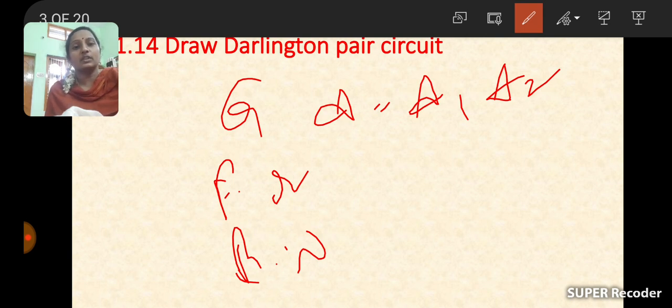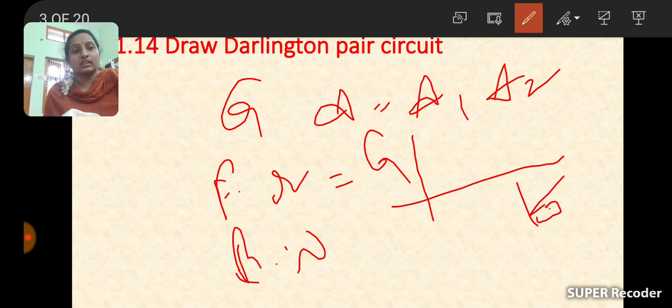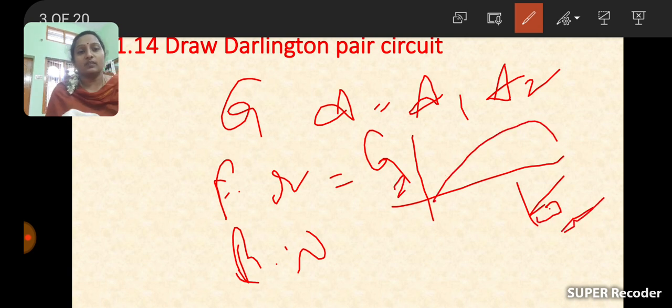The frequency response is the curve drawn between the frequency and gain of the given voltage signal. And the next one is bandwidth.